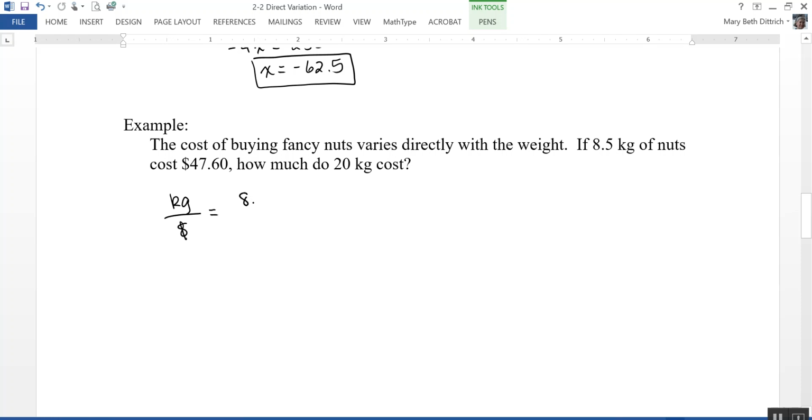If 8.5 kilograms cost $47.60, how much money, that's my x, do 20 kilograms cost? I'm keeping my kilograms on top and my money on the bottom. Again, I'm just going to cross multiply. 8.5x is equal to 20 times 47.6, which is 952, so the cost of the nuts is $112.